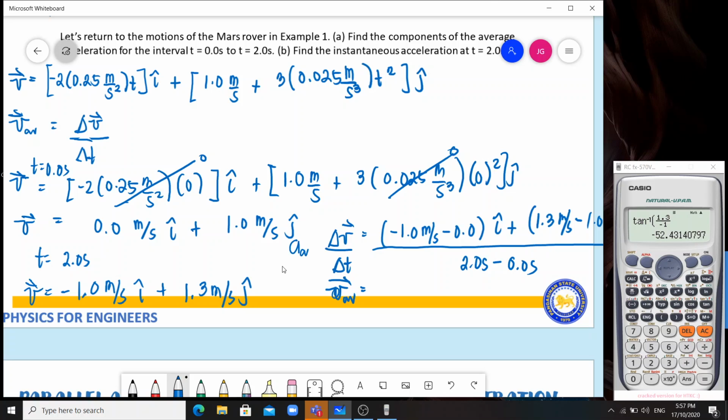This is average acceleration. Mali pala, acceleration. Nalito-lito na. Okay, average acceleration is equivalent to what?